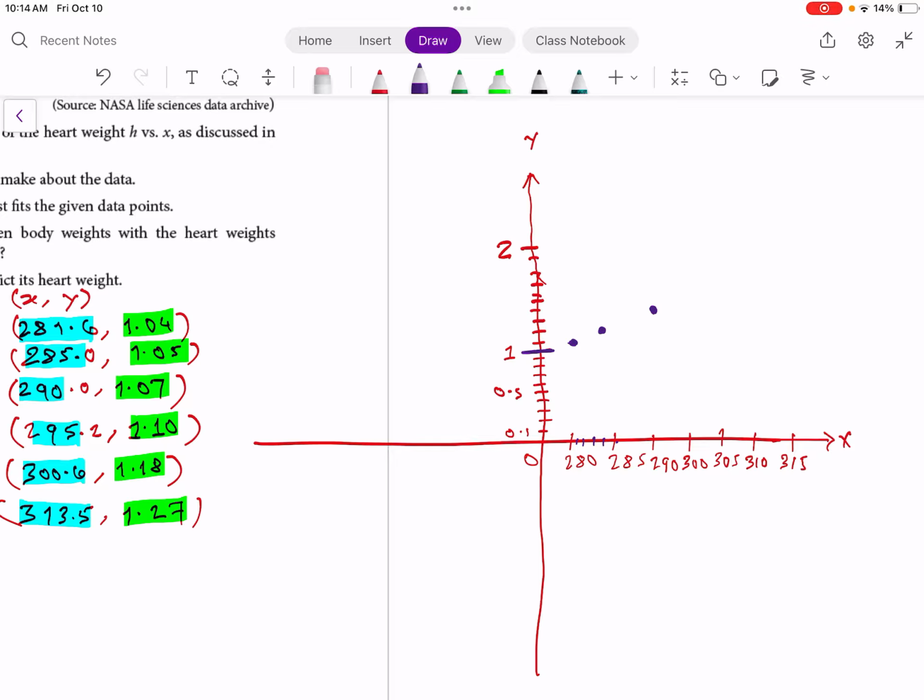Next we have 295 and 1.10. So now at 295 we have a point slightly above this one. Okay, so 295, this is 290, this is 295, slightly above the previous point. Okay, next 300.6 and 1.18, which is 2. I think we messed up with the scale here, but it's fine. We have 300, so at 300 we draw a point which is slightly above the previous one.